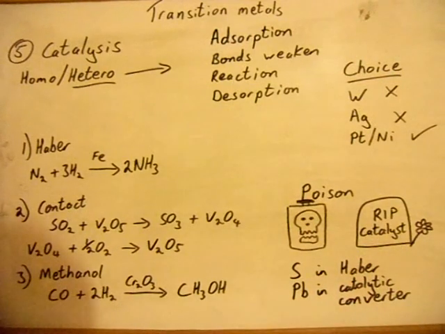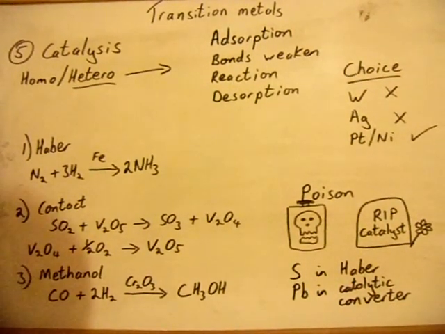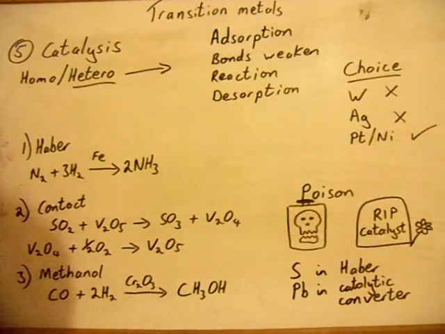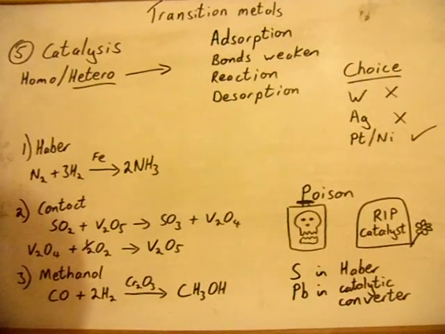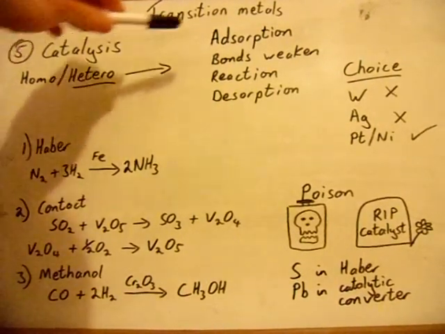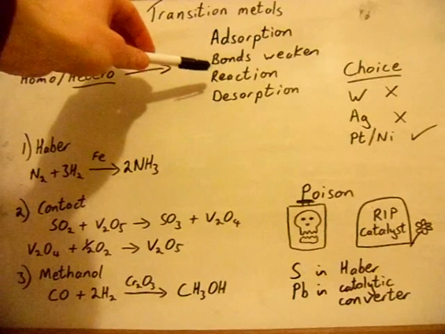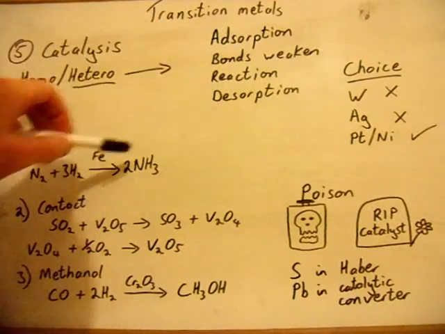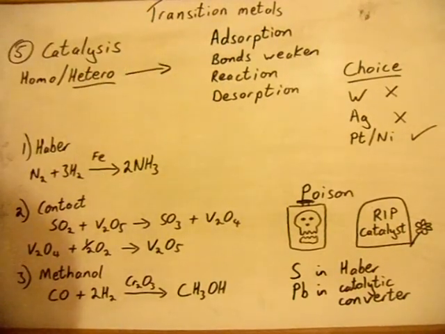If we're looking at the Haber process, the strong triple bond between the nitrogen becomes a bit weaker. What it allows is for that bond to break open and the hydrogens to start sticking onto the nitrogen. So the bonds weaken and then the reaction happens, and after that, once you've got your ammonia, it desorbs off the actual surface.